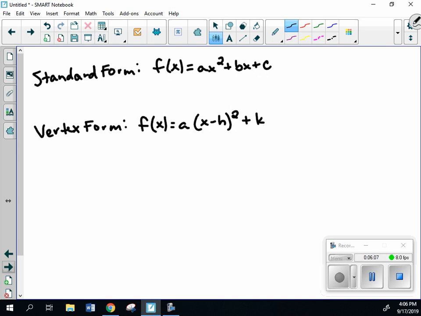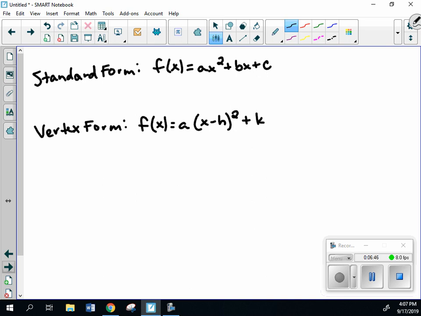So with standard form, the a, the b, and the c are related to the graph, but if you just have that equation, you cannot necessarily just pick out and say what certain information is. It is useful because it is in standard form, but if we're looking for where does the bottom of the parabola occur, or where does the maximum of the parabola occur, the vertex form is actually more beneficial.